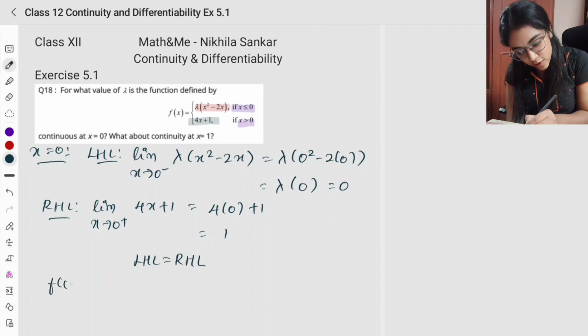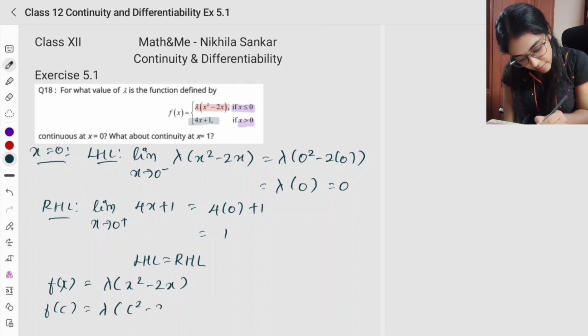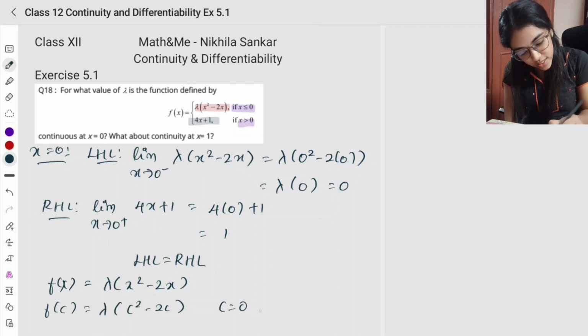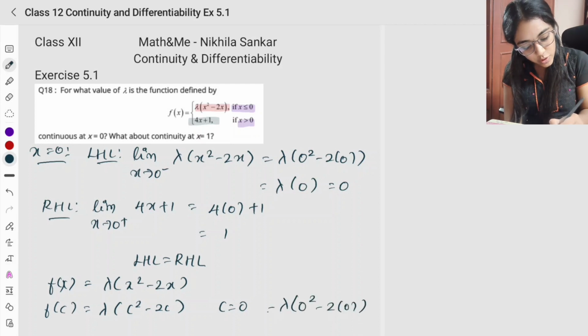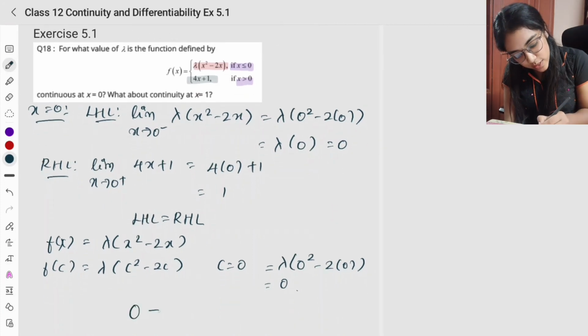What is my f of c also? What value does f of c give? At x is equal to 0, I'll have lambda times x square minus 2x. This is my f of x. So f of c is going to be lambda times c square minus 2c. At c equal to 0, I'll again have lambda times 0 square minus 2 into 0. So this is going to be 0 again. So what do I see here? I have 0, 1, 0.